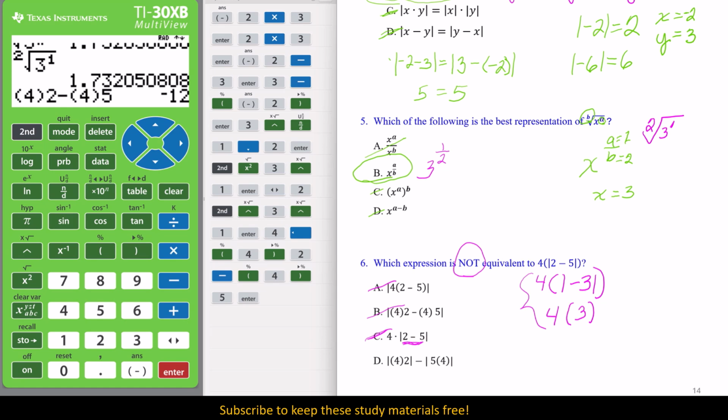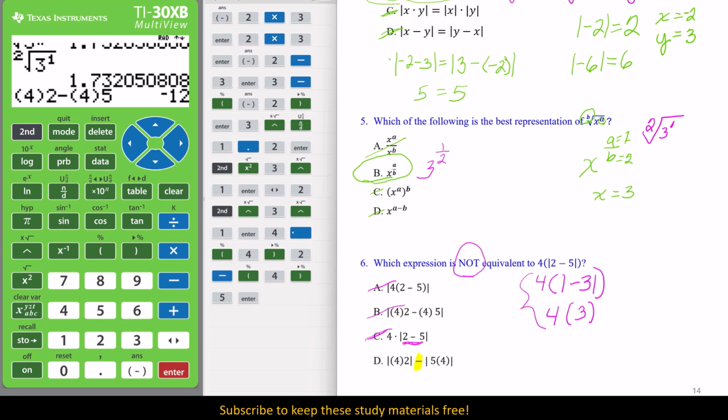So let's cross our fingers, put it in the calculator, and let's hope it's correct, okay? Well, I can tell you it isn't going to be equivalent, and I'll tell you why. Right here, that negative is not inside the absolute value. So it has to be negative in the end, okay?